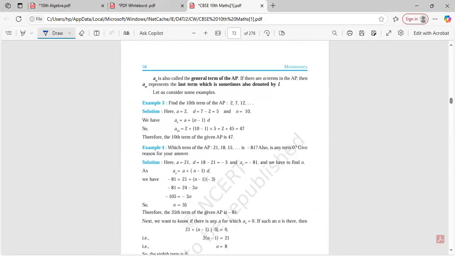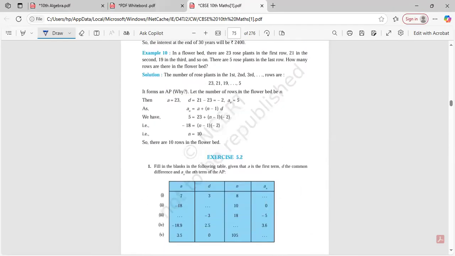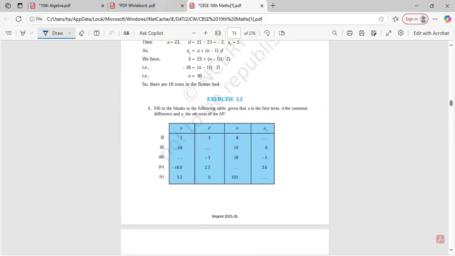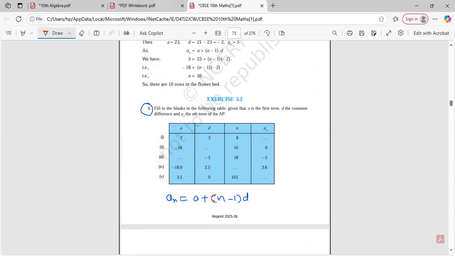And one more question is there. See this table. From this formula, let me write the formula. an is equal to a plus n minus 1 into d. Now use this formula and find out the remaining things.